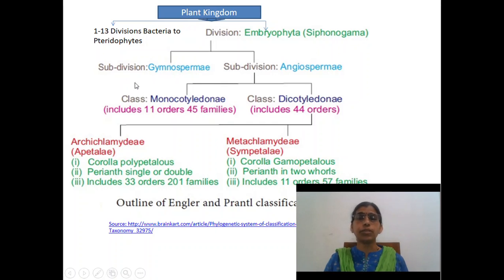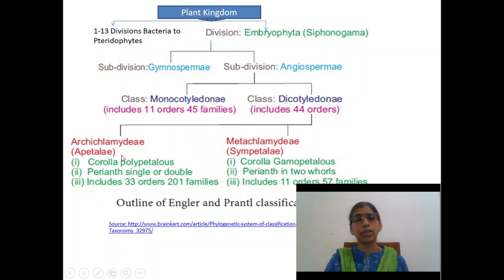The 14th division is further divided into subdivisions Gymnospermae and Angiospermae. The Angiospermae is divided into Monocotyledonae and Dicotyledonae. Monocotyledonae has 11 orders and 45 families, while Dicotyledonae includes 44 orders.